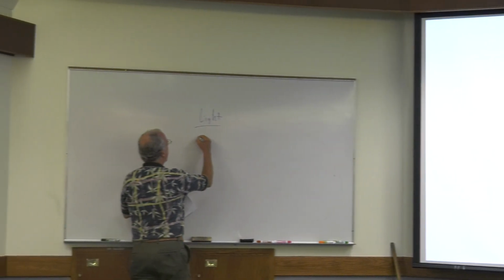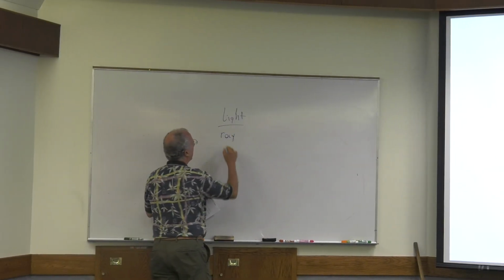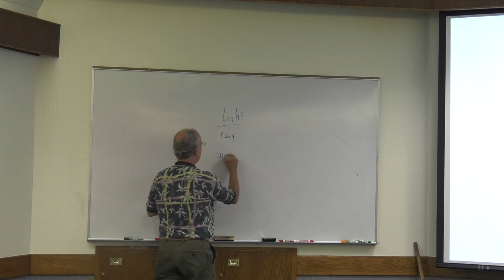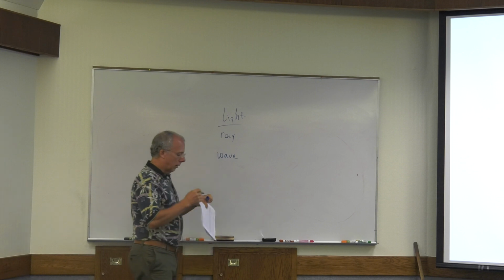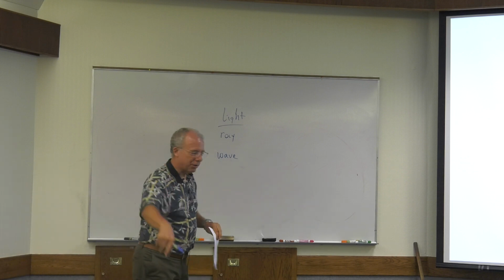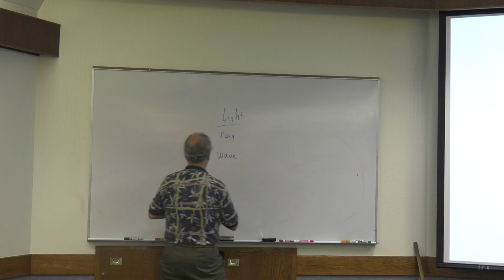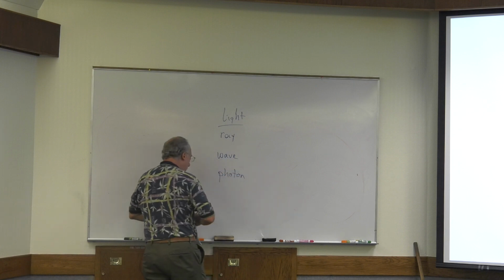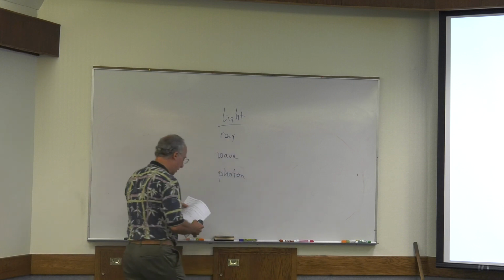We talked about the ray model of light, where we learned how to do those ray diagrams. And then we talked about the wave model of light, right? Double slit experiment, diffraction, and all that kind of thing. Well, there's a third model. It's called the photon model. And again, we'll discuss it in gory detail later on.